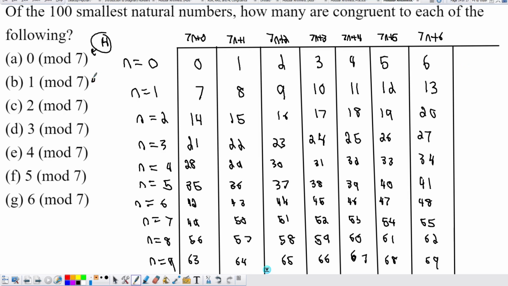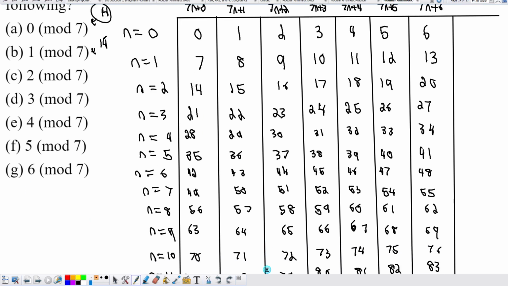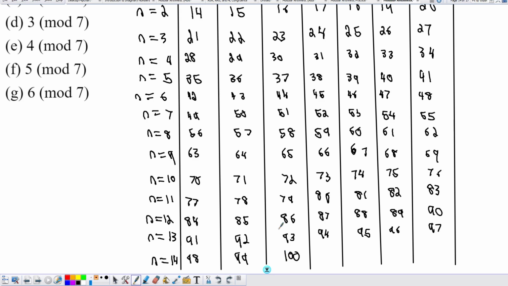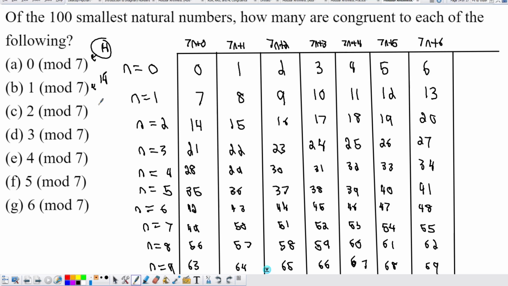How many go with 1? 14 again. How about 2? Seems to be 14. Well, how about 3?